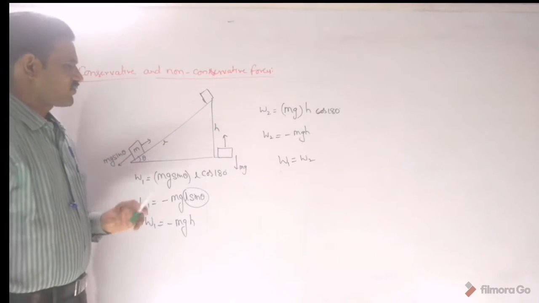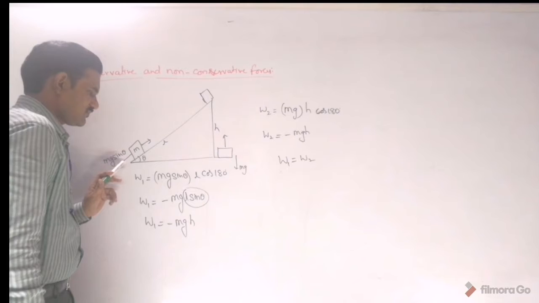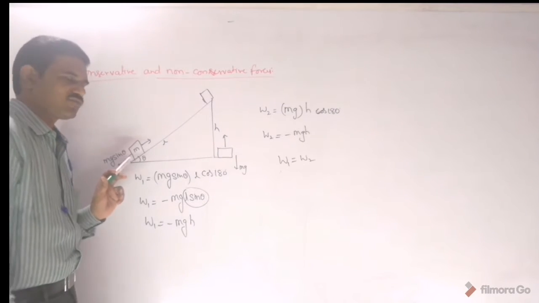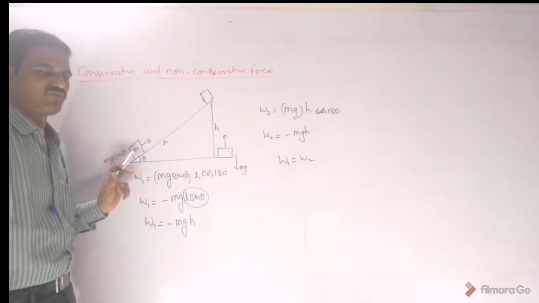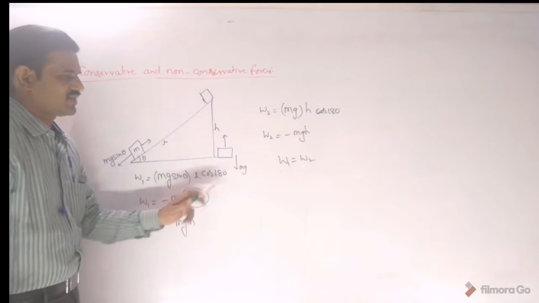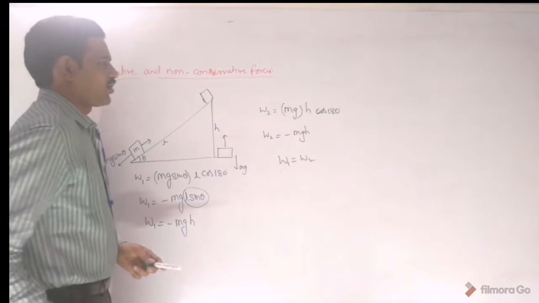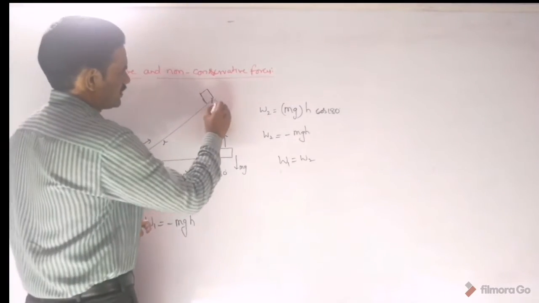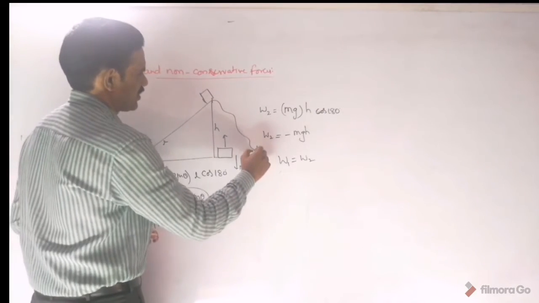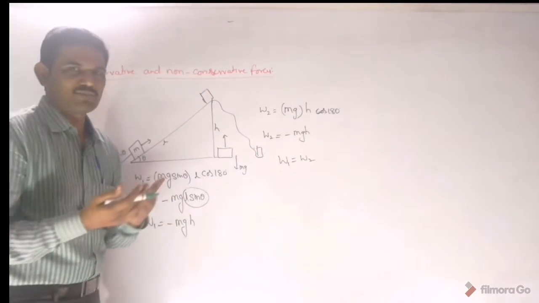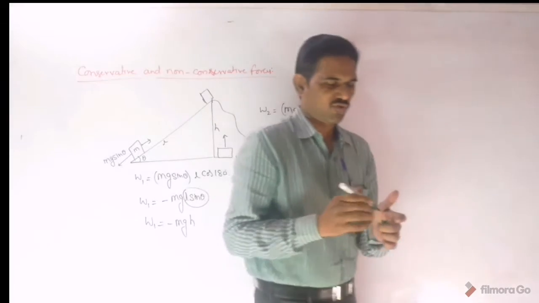So we can conclude that the work done by the gravitational force does not depend on the path followed, whether you are displacing the block along this direction or along this direction, or you take any curved path like this. It doesn't depend on the path you follow.